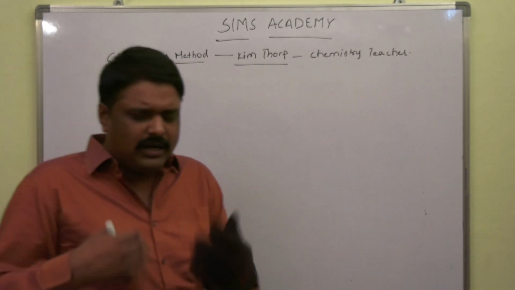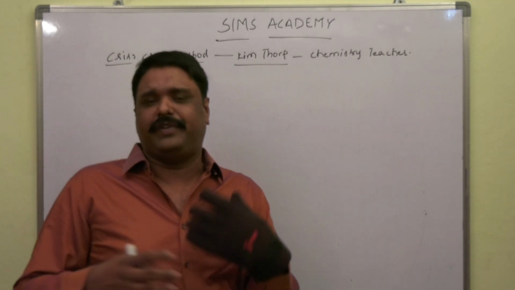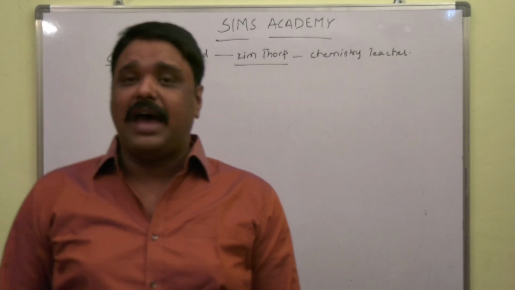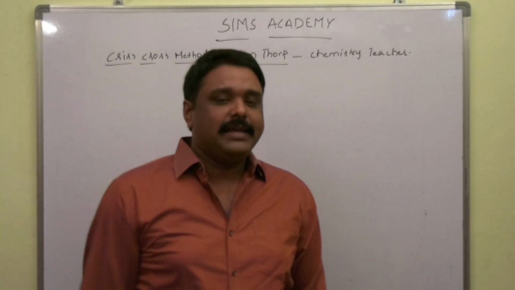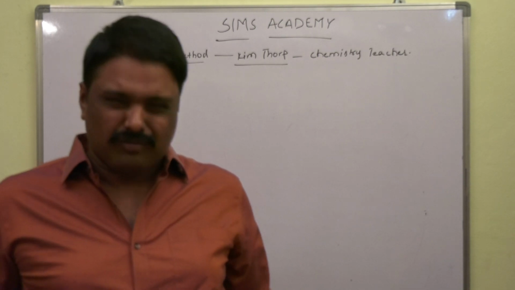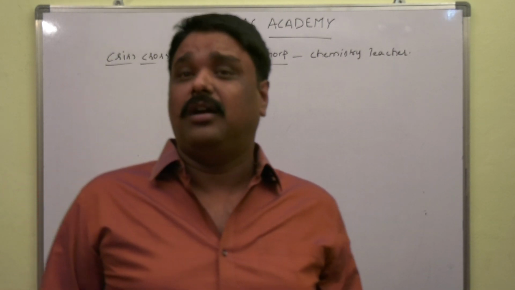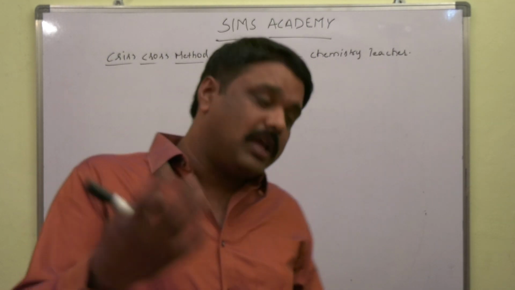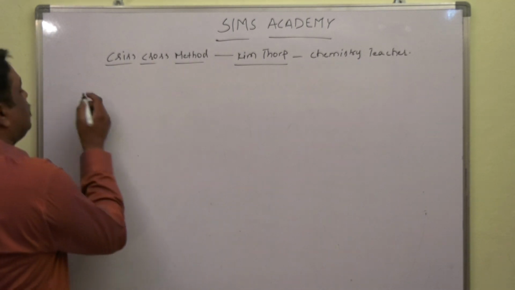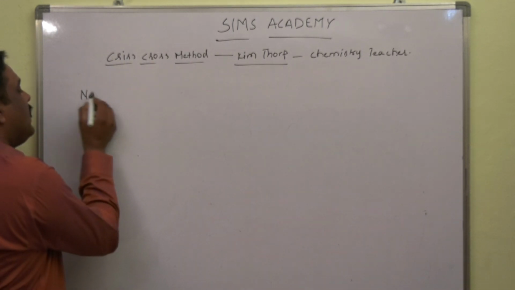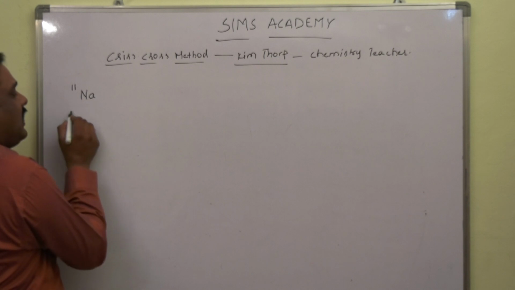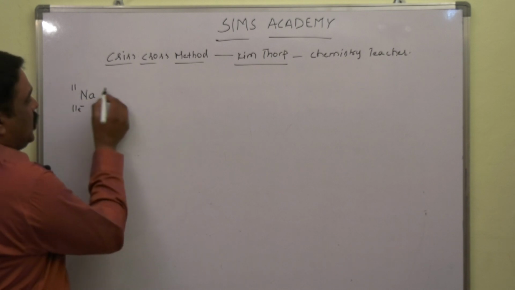So before going to the Criss Cross method of writing the chemical formula, we need to have the knowledge regarding the radicals or ions. First of all, what is a radical or ion? Suppose, let us take sodium. Atomic number is 11 and it has 11 electrons.